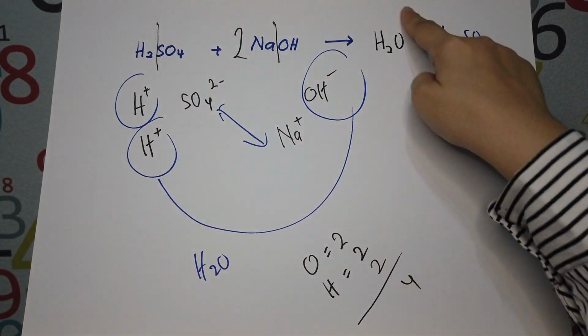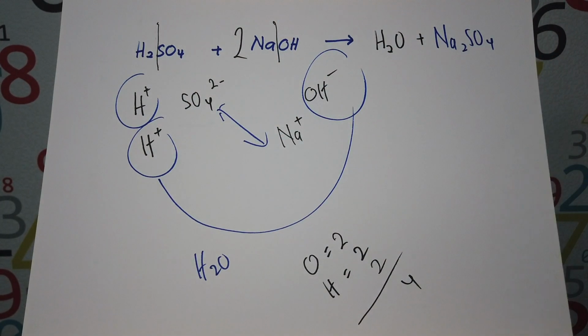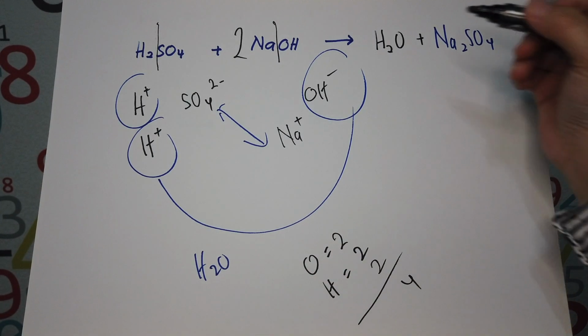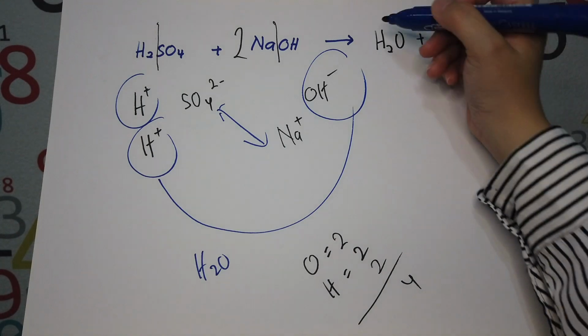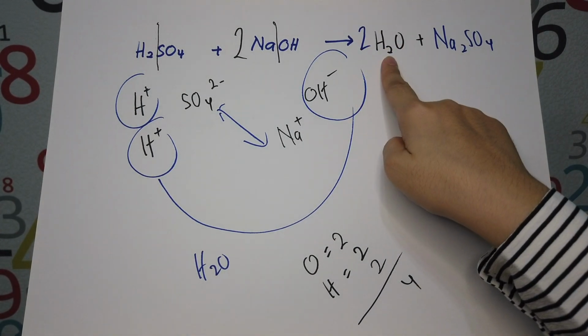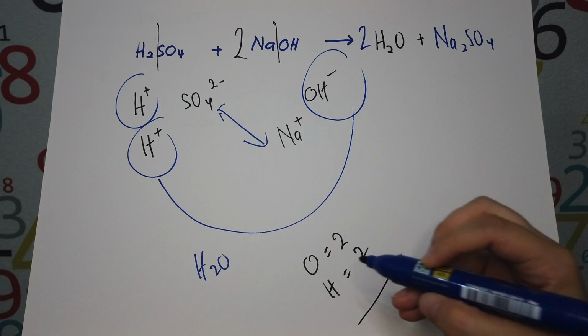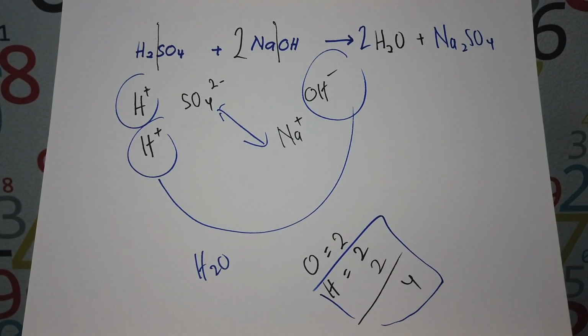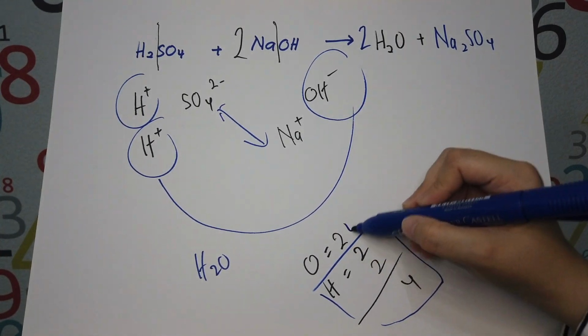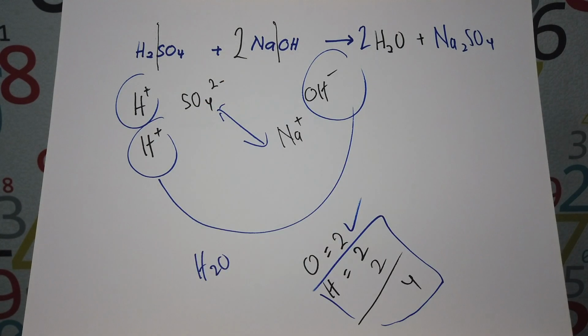But for this one you only have 1 O, and you actually need 2 O's, so you need 2 times 2 here, which is 4. So here you do need 4 hydrogen, and you do have 2 oxygen. This is your balanced equation.